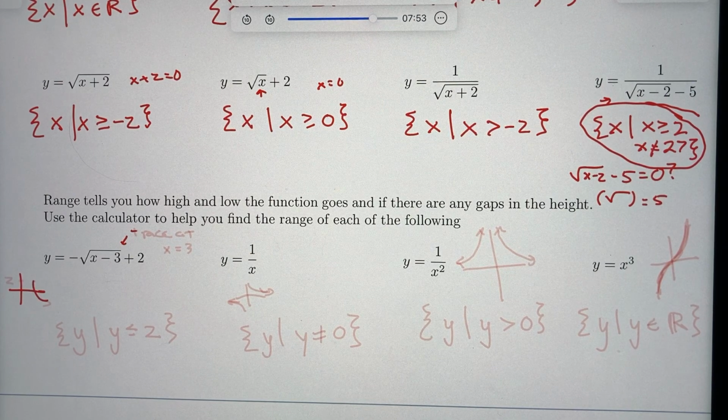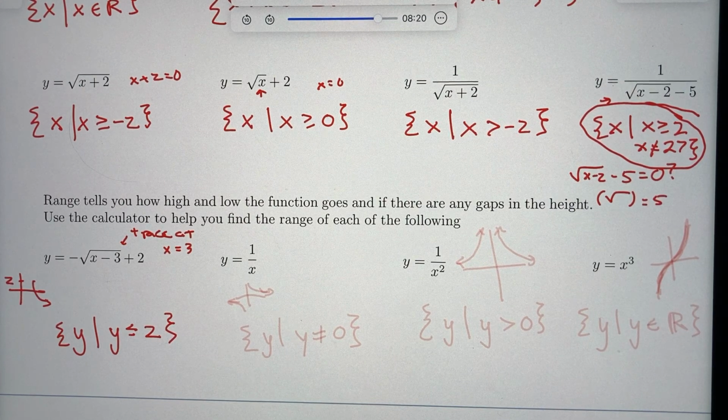If I trace at x equals 3, I get y equals 2. And it goes down from there. It doesn't get any higher than this. So if you graph it on your calculator, you see that the range is down from positive 2. And I knew to trace at 3 because of my domain things.